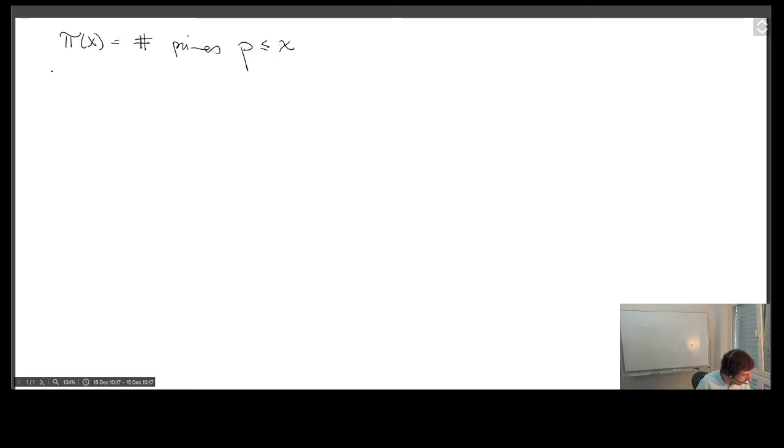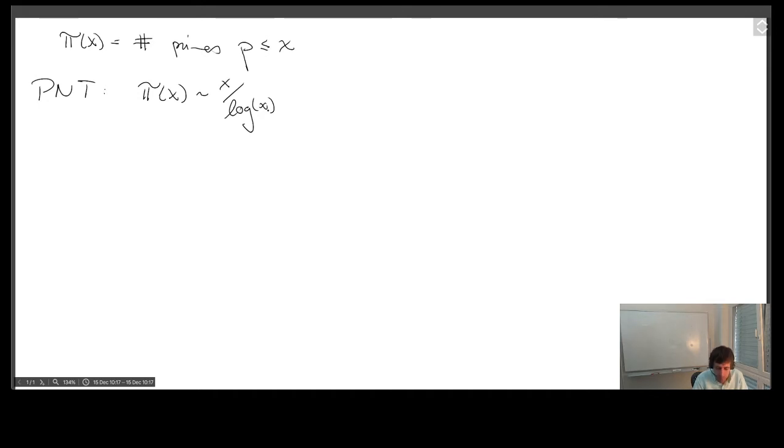The theorem we're going to prove is the prime number theorem. It says that π(x) grows exactly like x over log x, where exactly like means, if I divide one expression by the other, I'm left with something that goes to one.